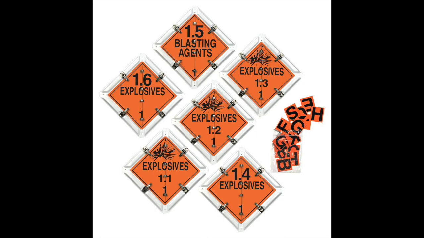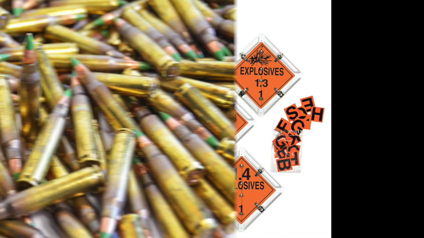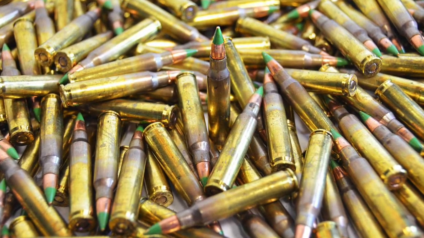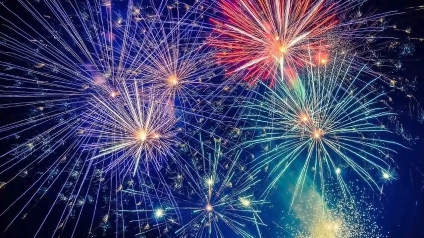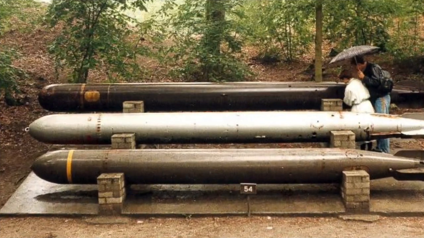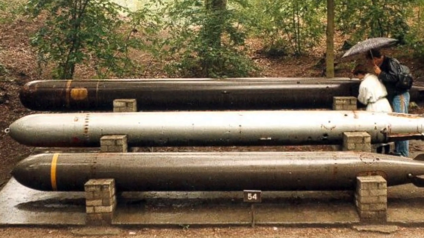So you've got a big difference between 1.1 and 1.6, but they're all dangerous. Some common examples of explosives would include ammunition, fireworks, fuses, black powder, dynamite, or torpedoes.